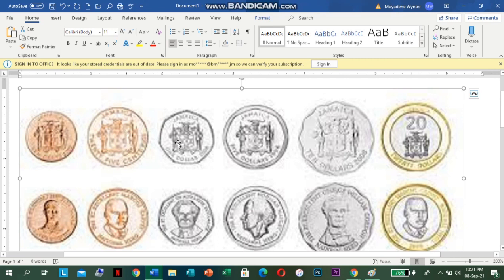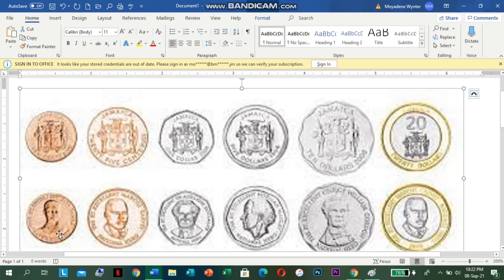This is the Jamaican dollar. This is the Jamaican $5, $10, $20. You may be familiar with the $1, the $5, the $10, the $20, because this is what we are using. However, we are talking about the cents.